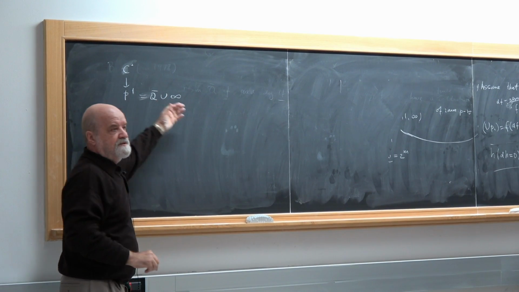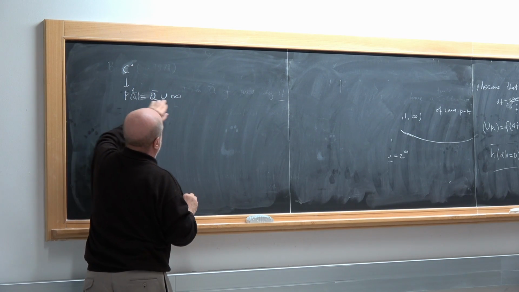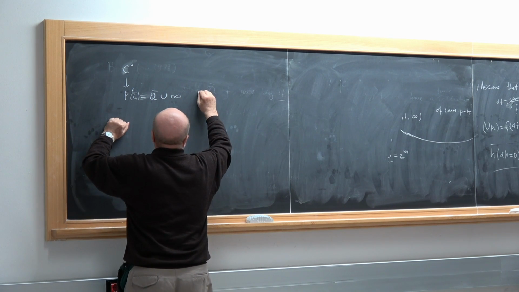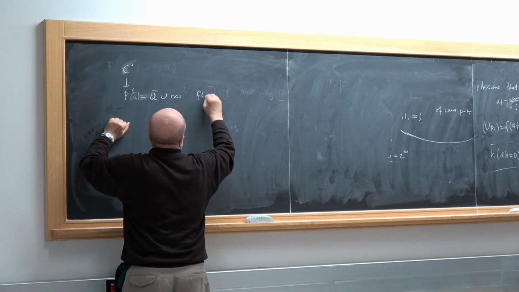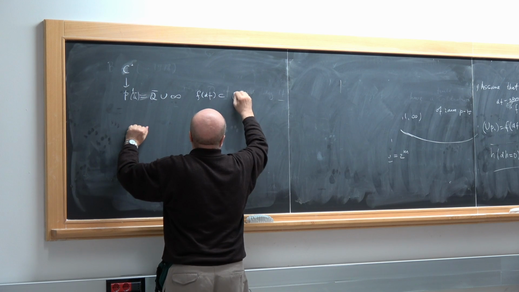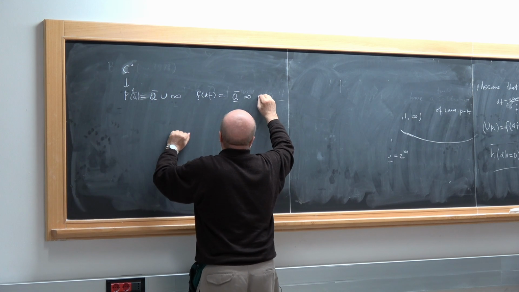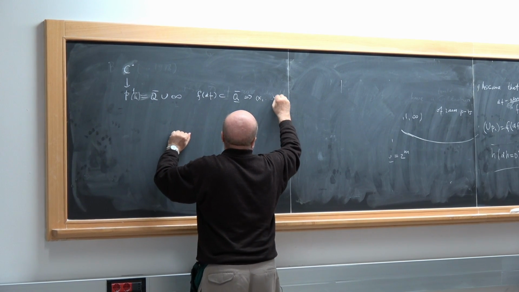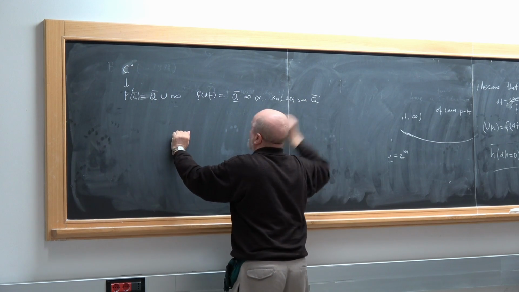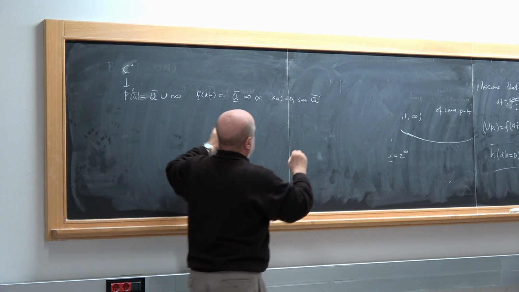So what is P1 over Q bar? The points are Q bar and infinity. And now we have the map F, and f of df equal to 0 inside Q bar. So this is a finite set, defined over Q bar.